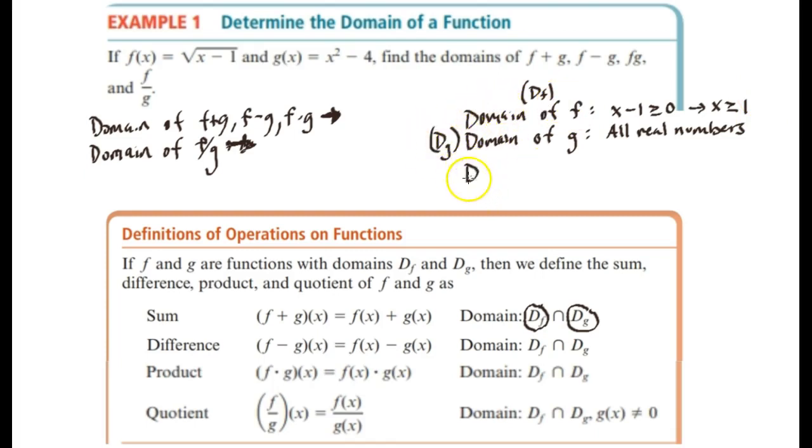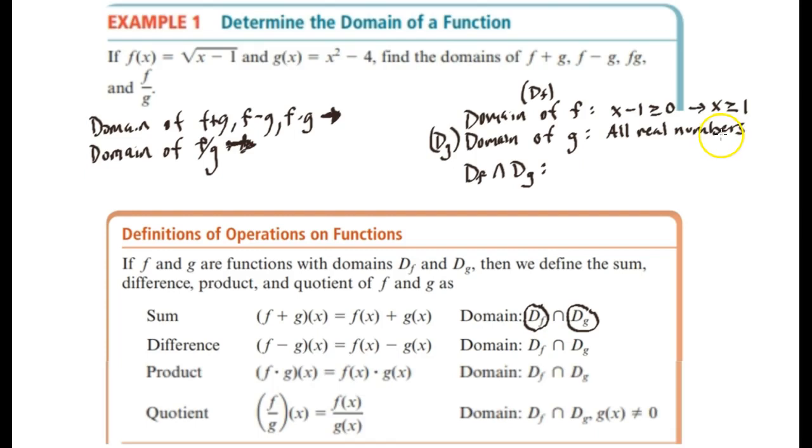So the domain of f intersect the domain of g is where they both are occurring. Notice that's what intersect is telling us, where they're both located. So the domain of f is x greater than or equal to 1. The domain of g is all real numbers. So where are they both located?